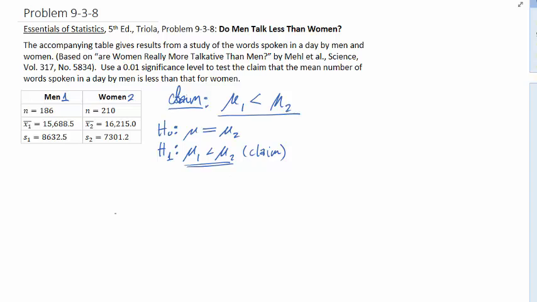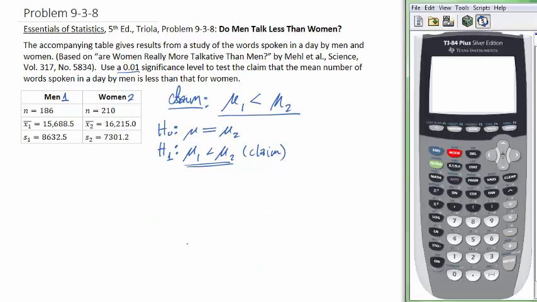Alright, we have our significance level. We are ready to punch this into our calculator. This again is our calculator command, and we are comparing two means. What's important to note here is that we are given the standard deviation for the sample, S. We are not given the standard deviation for a population, and for most cases we will assume that our population standard deviation is not given to us.